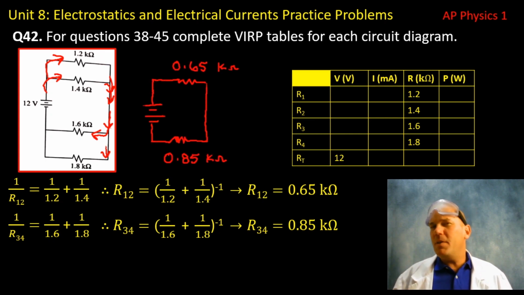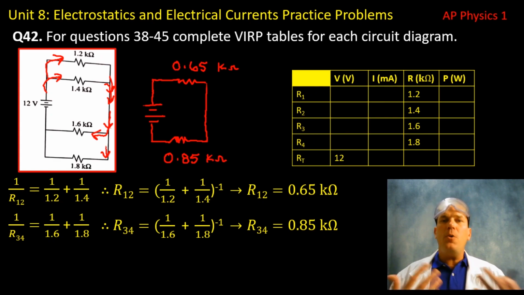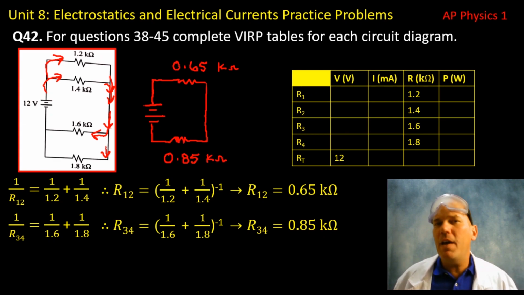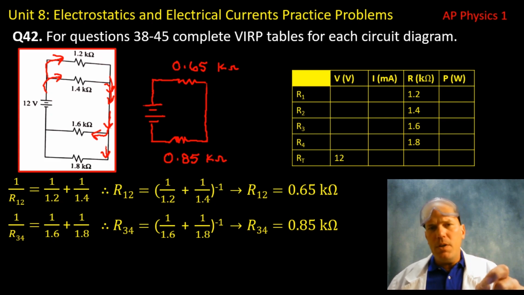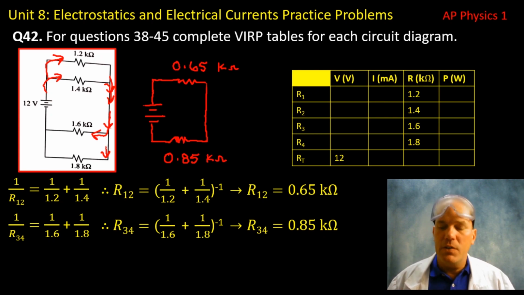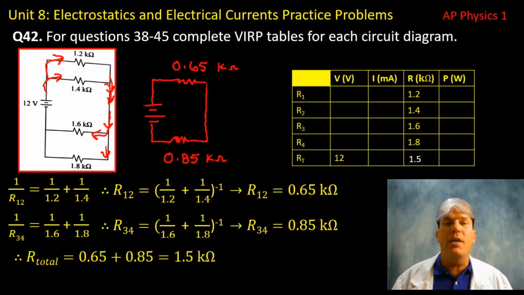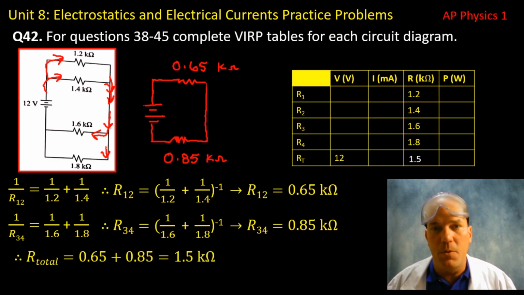Next, my recommendation would be to redraw the circuit to show that now we have 2 resistors. We have R12 and R34 in series. So we can simply add them. And that's going to give us the total resistance for this circuit at 1.5 kiloohms.